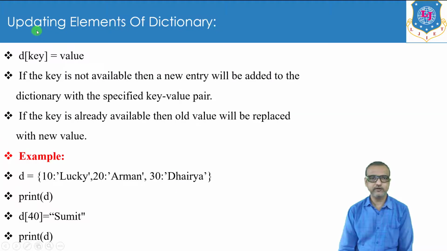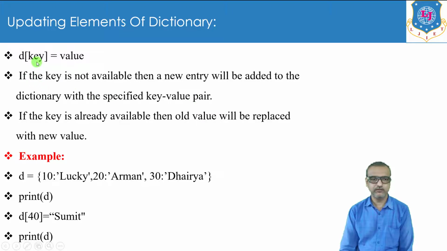Now we will see the next topic, that is updating elements of a dictionary. D of key equals value. If the key is not available, then a new entry will be added to the dictionary with the specified key-value pair.